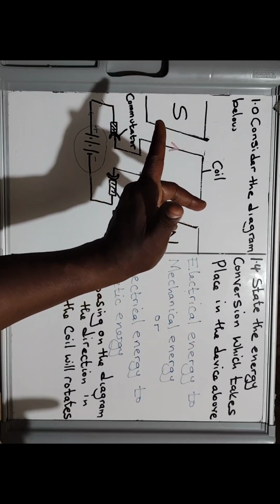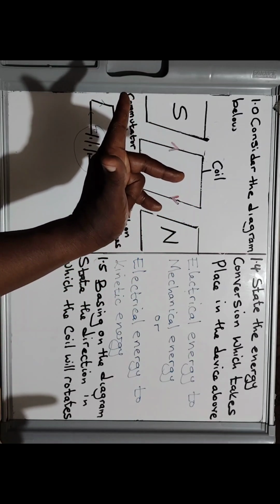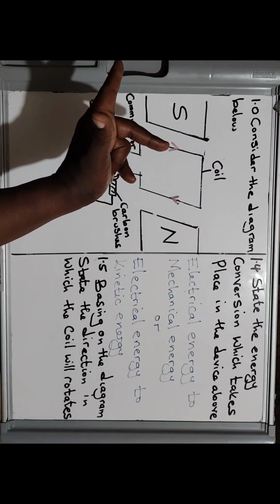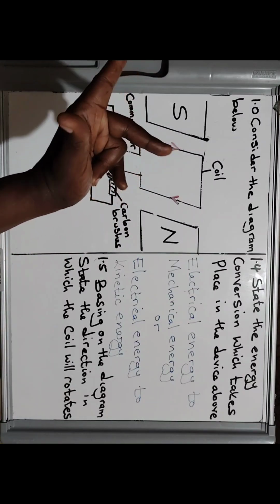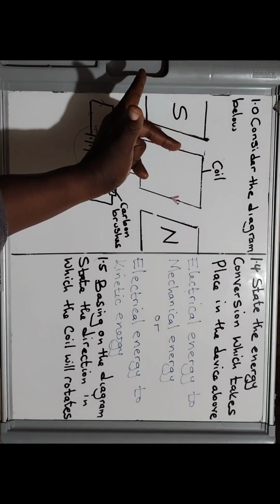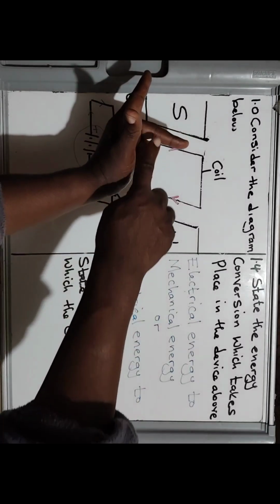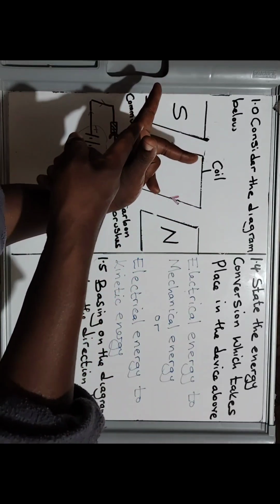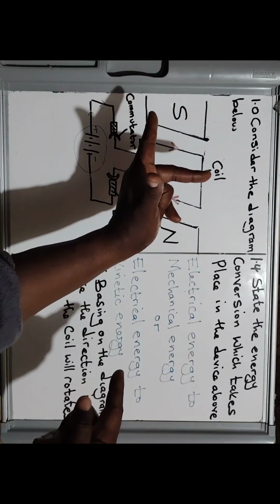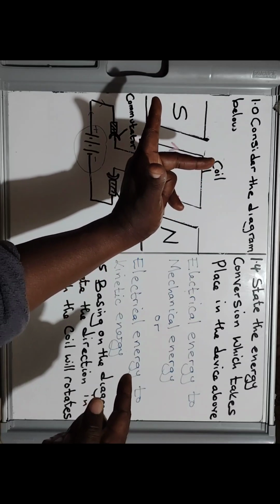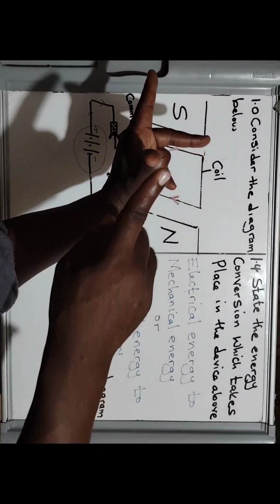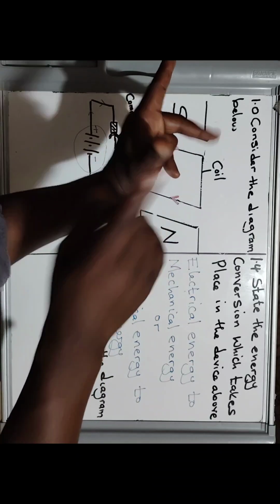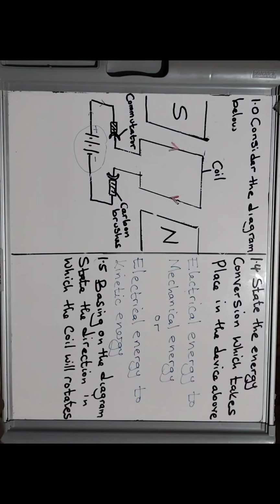And for the current, you put your finger on the side which is easily predictable with this finger, this side. What do we see? My current is going up and my field is correct from north to south, and this is the motion which I'm trying to predict.